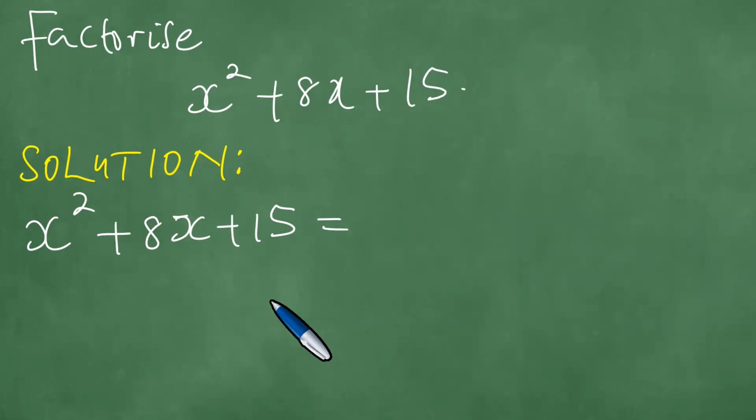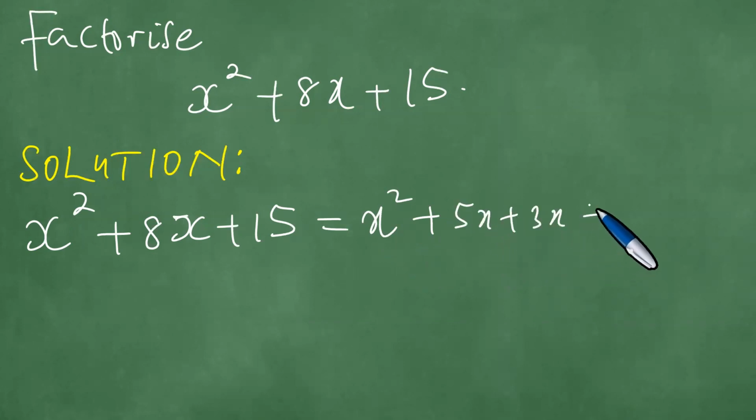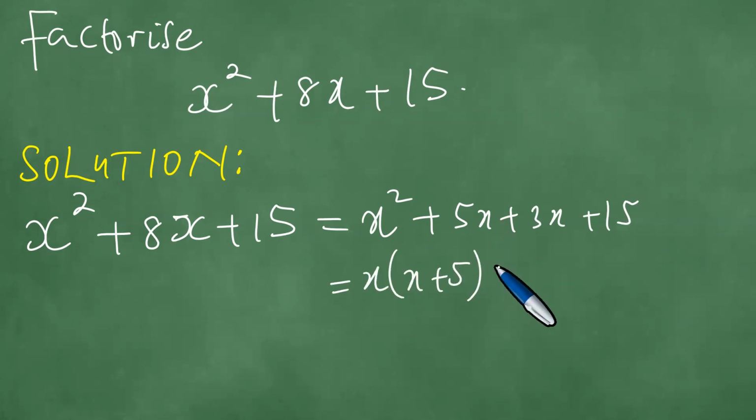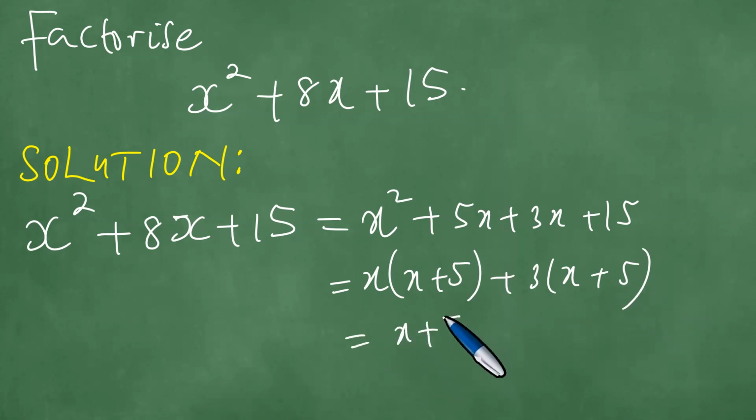x squared plus 5x plus 3x plus 15. Well done. It's x squared plus 5x plus 3x plus 15, right? Pull out x here: x plus 5, plus 3 here: x plus 5. Which is x plus 5 into x plus 3.